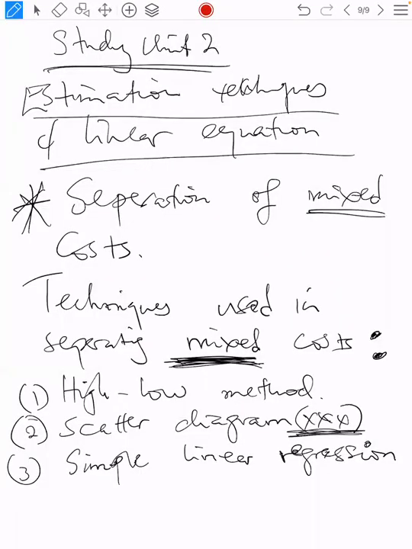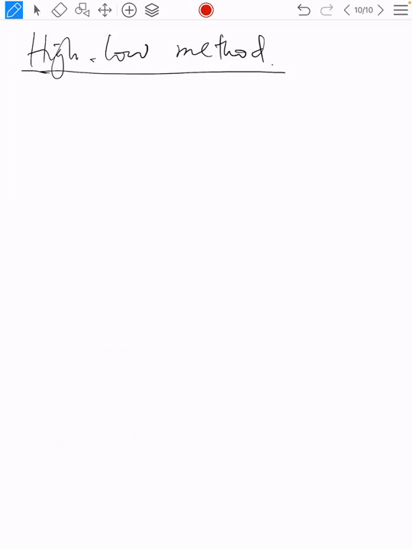Now we need to learn how to separate these mixed costs. I am going to start with the high-low method and tell you how it works in separating the cost. With the high-low method, good people, it is going to work like this.